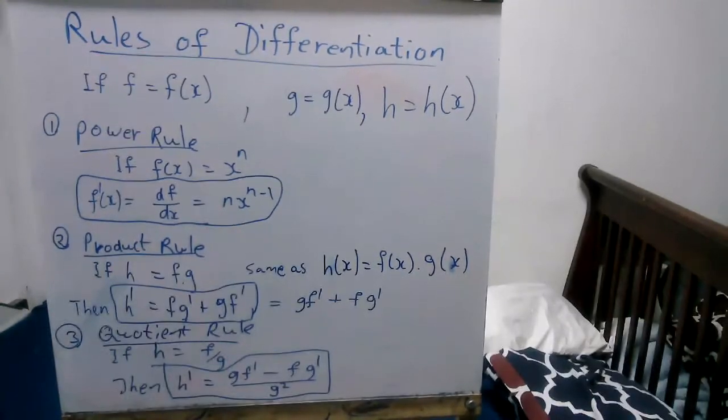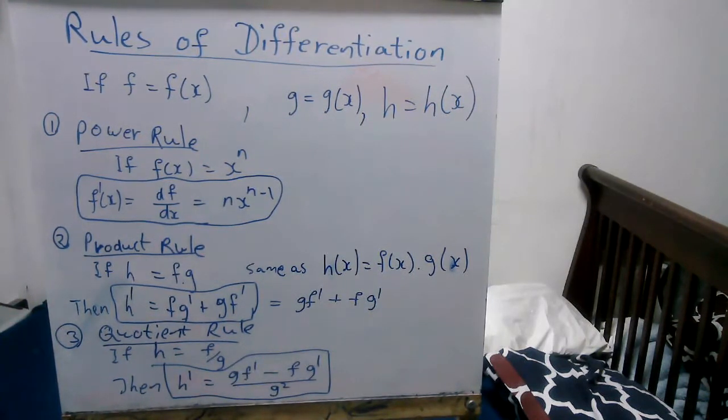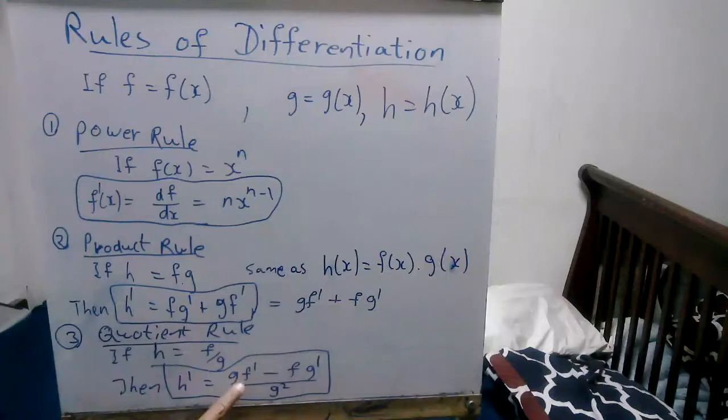Nothing wrong, right? But with the quotient rule, we have a minus in between. Therefore, you cannot interchange these two terms. It means you cannot write this as f g prime minus g f prime. Understand? Therefore, this has to be in the same order.